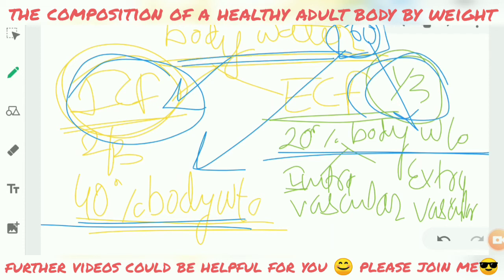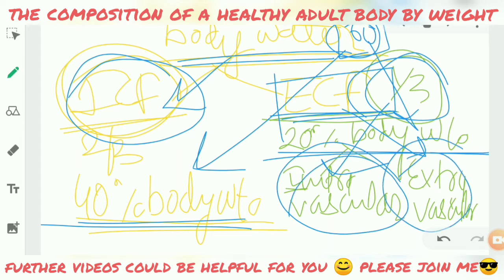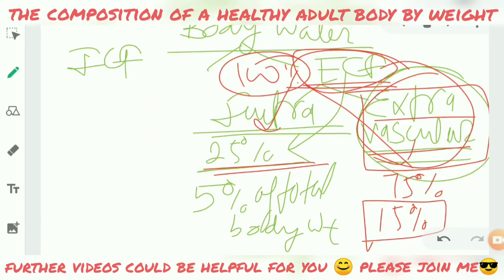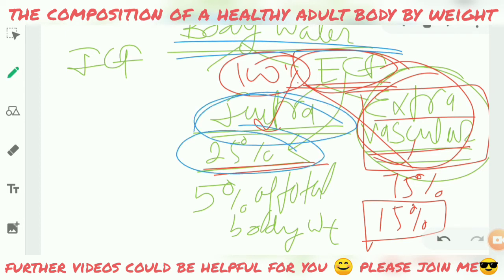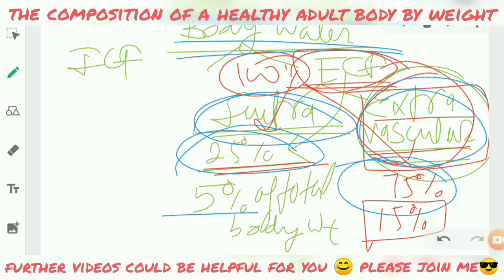Then ECF, extracellular fluid, is divided into intravascular and extravascular, which we will read about further. Intravascular is 25% and extravascular is 75%, and these will form 5% and 15% of body weight.